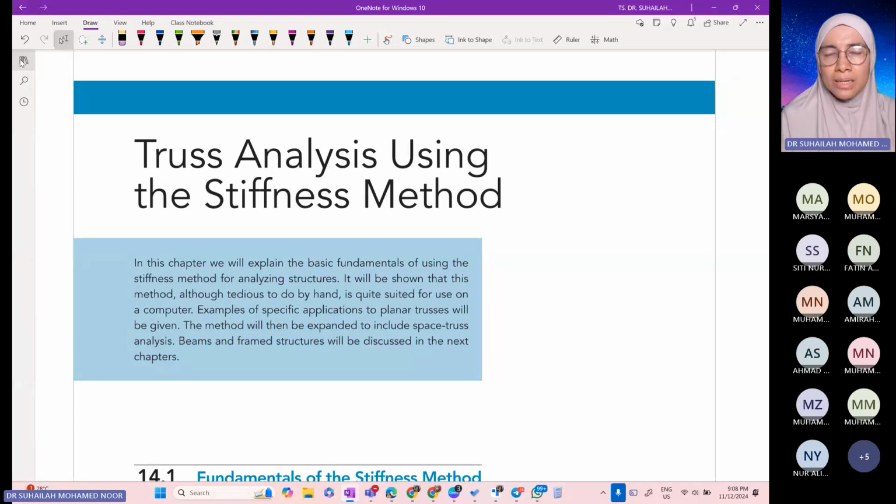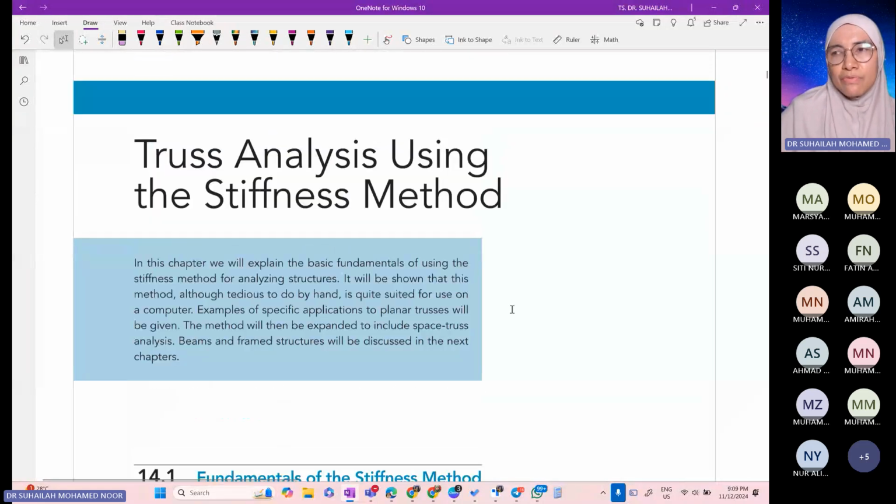So for the first session, I will start with the fundamentals. In flexibility method, I started with derivation, but for stiffness method I will not derive the formula, because it is too complicated. We pick the important points only.